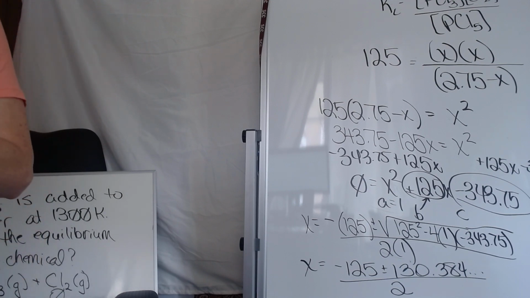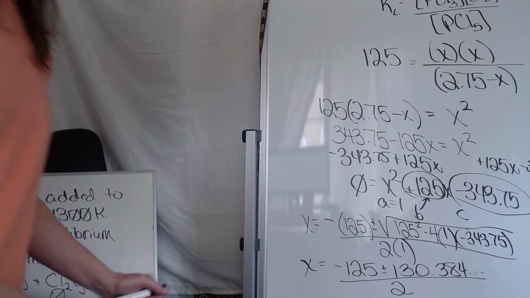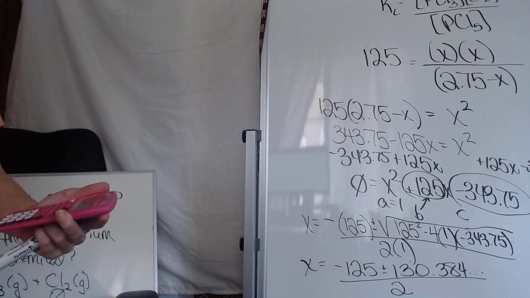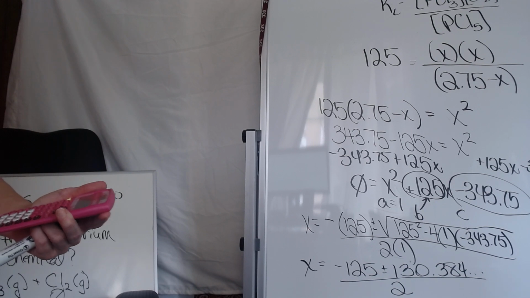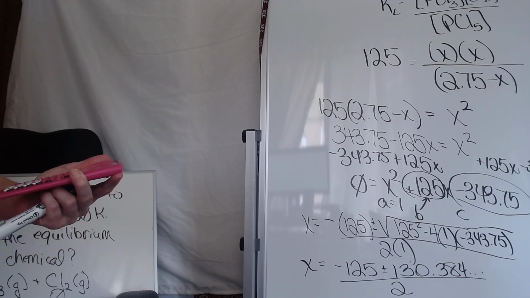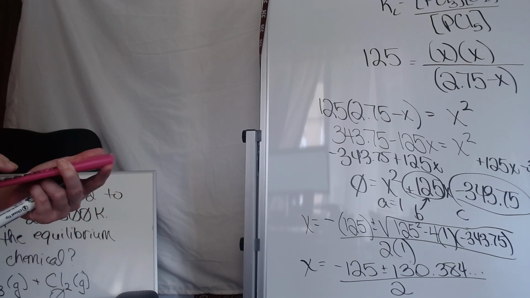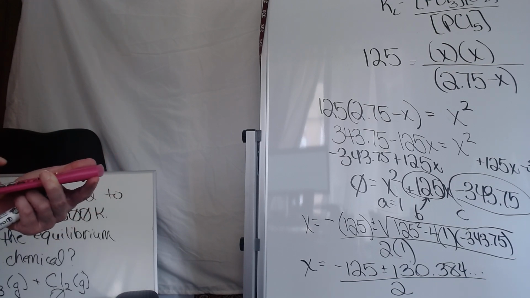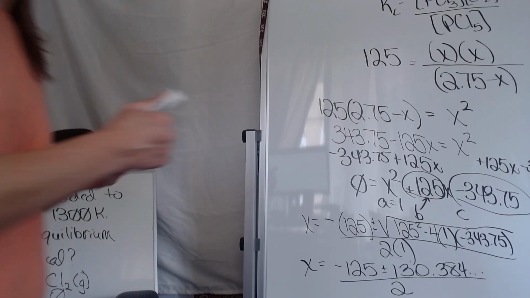Okay, so this is what I have for the simplified version. And so you got a positive and a negative. So we've got 130.38, and we're going to add that to negative 125 and then divide by 2, and I get 2.69.